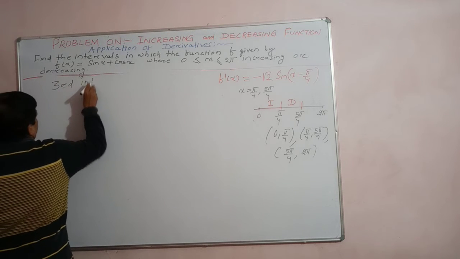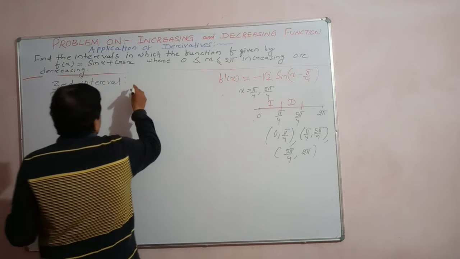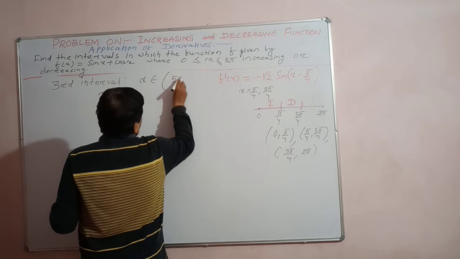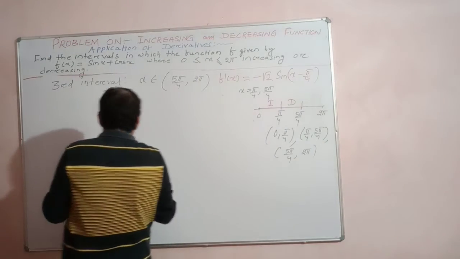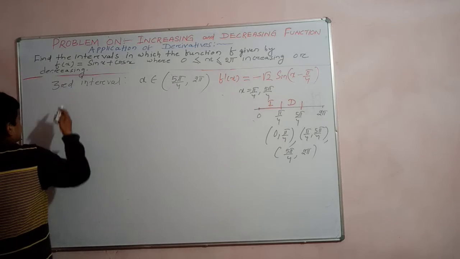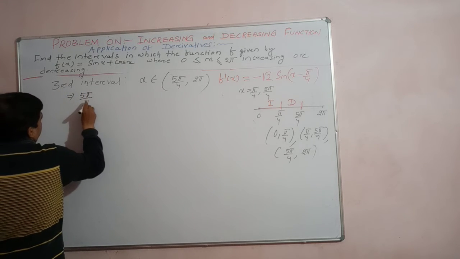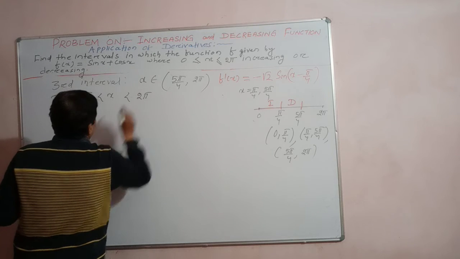What is the third interval? The third interval is that x belongs to 5 pi by 4 to 2 pi. Yes or no? That implies 5 pi by 4 is less than x is less than 2 pi. Understand?